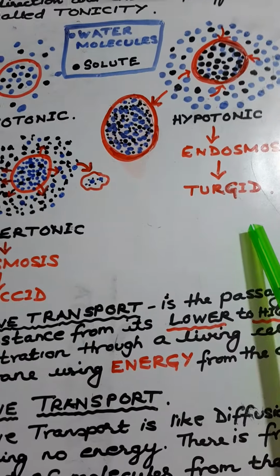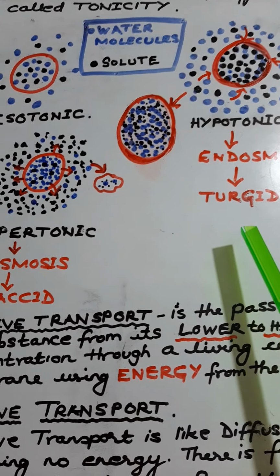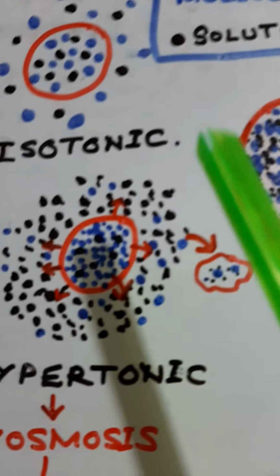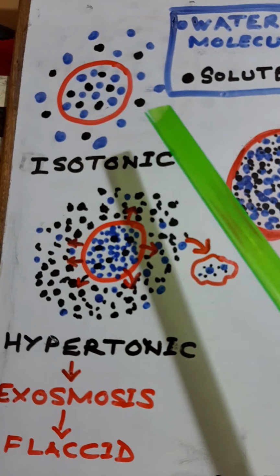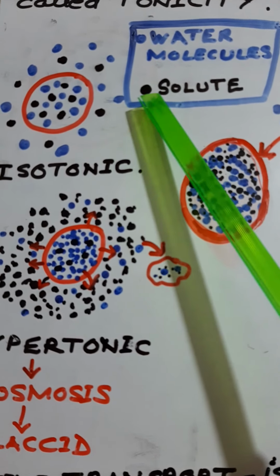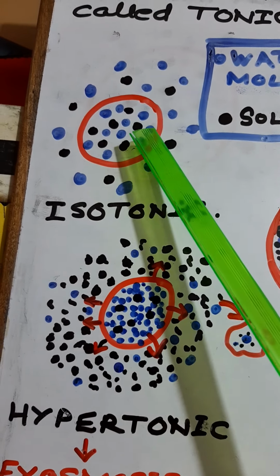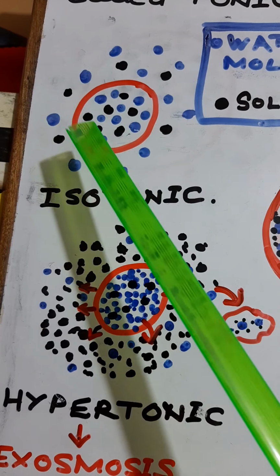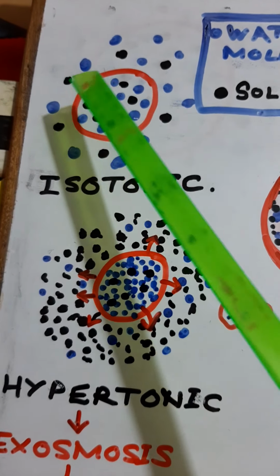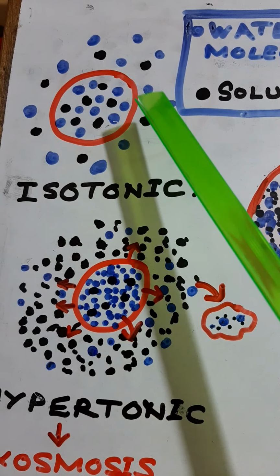Now, there are three types of solutions according to tonicity. Now the first one, look at this one. The blue dots represent water molecules, black dots the solute. Here you can see that this red is the cell membrane, and the cell is inside of the red line.